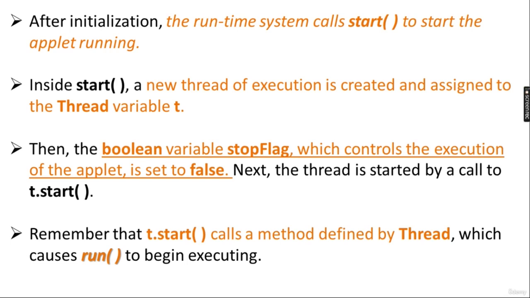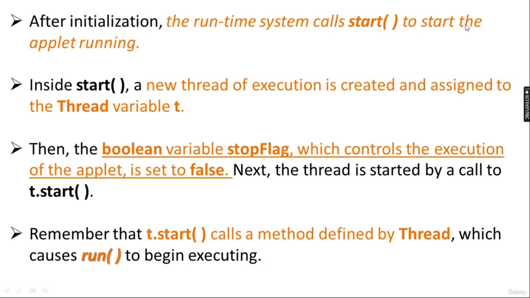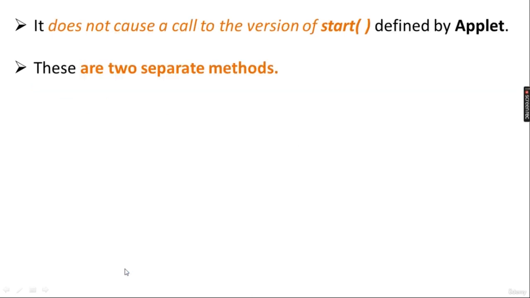t.start calls a method defined by Thread which causes run to begin execution. It does not cause a call to the version of start defined by Applet. So these are two separate methods. t.start calls the method defined by the Thread class, and it causes run so that the execution will begin.